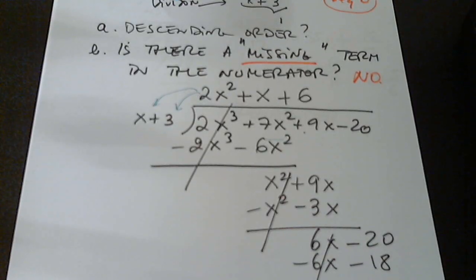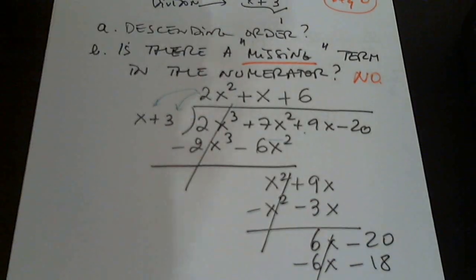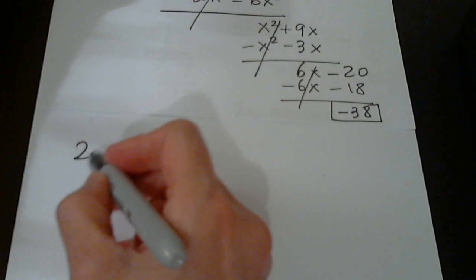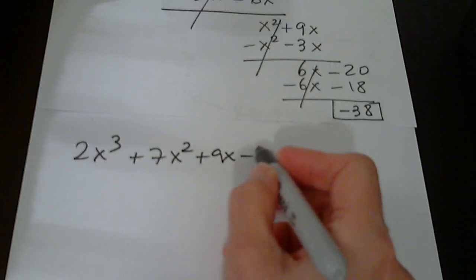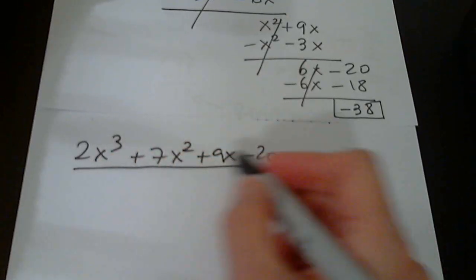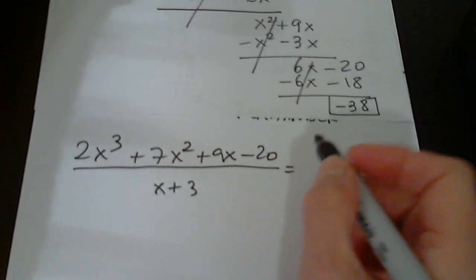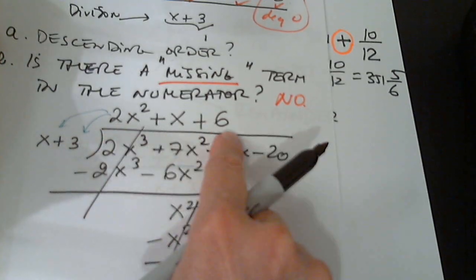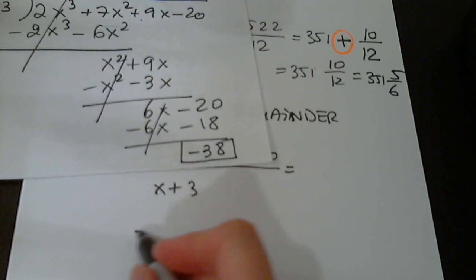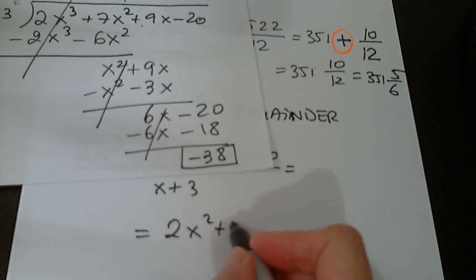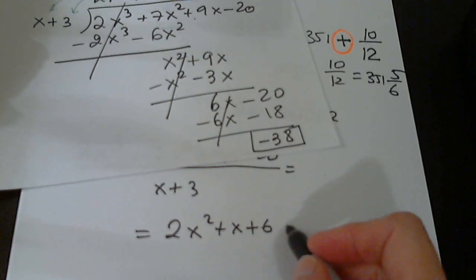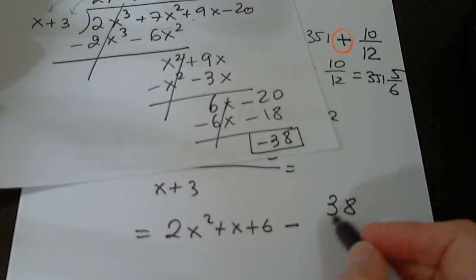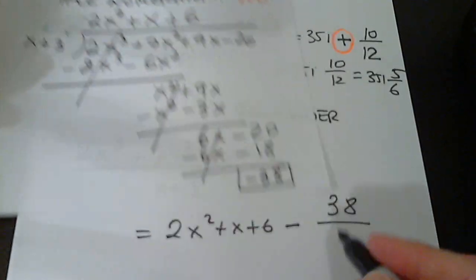How do I write the final answer? So the final answer of the division, 2x cubed plus 7x squared plus 9x minus 20 over x plus 3, is the quotient first, equals 2x squared plus x plus 6. Then the sign of the remainder, 38 divided by the divisor.